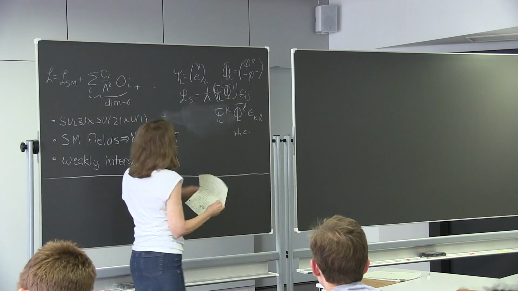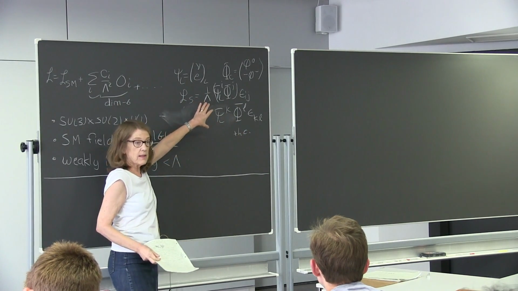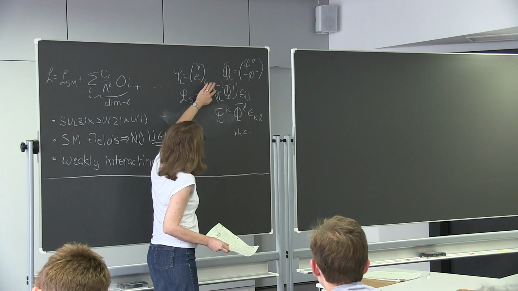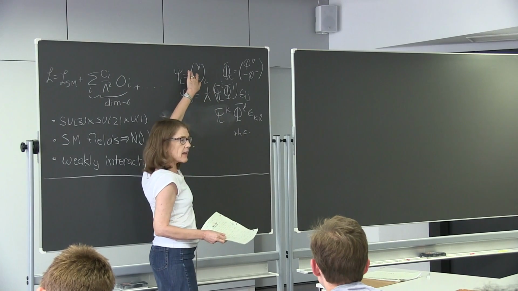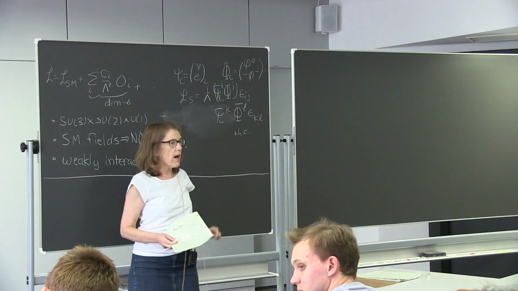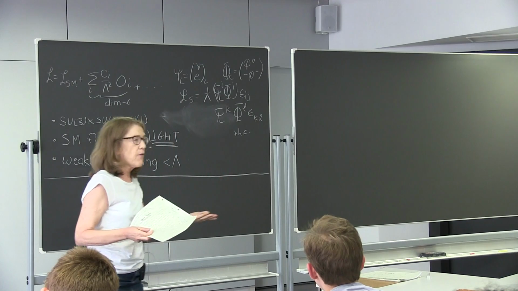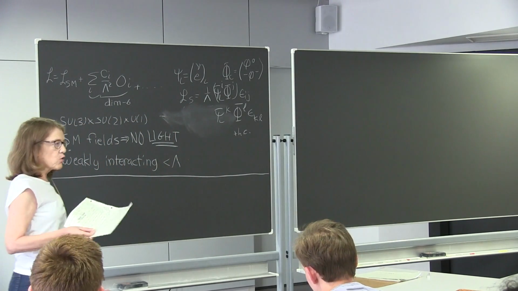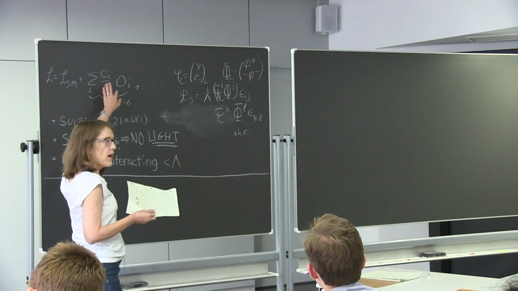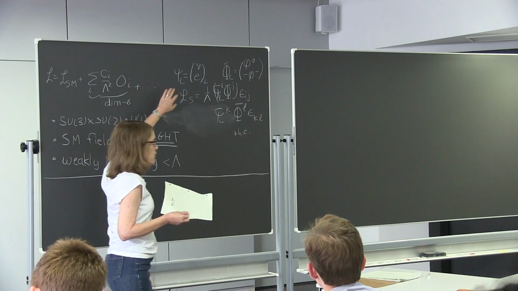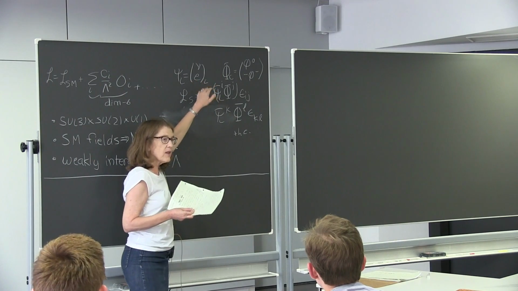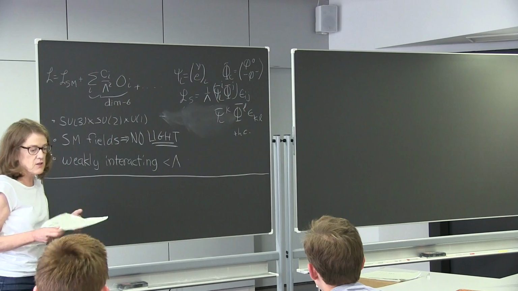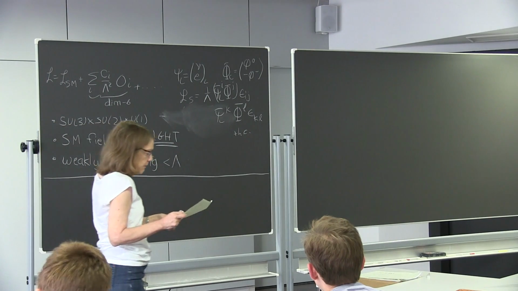So this is a perfectly allowed SU2 invariant operator, right? Because these guys have the same quantum numbers. So if I have psi bar left, it's like nu bar. So it gives a Majorana mass to the neutrinos, and it violates lepton number. So typically, when people who do electroweak physics are constructing their effective Lagrangians, they just forget about lepton number violation. Oh, these terms are very interesting for people who are constructing neutrino masses or doing neutrino physics. Okay.